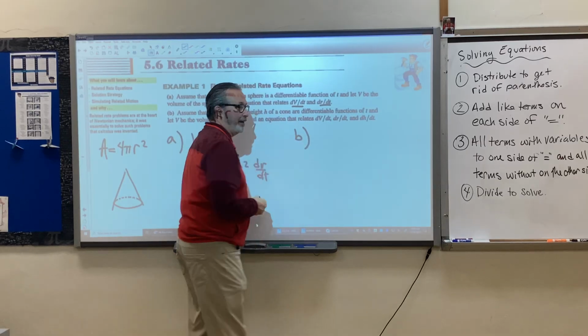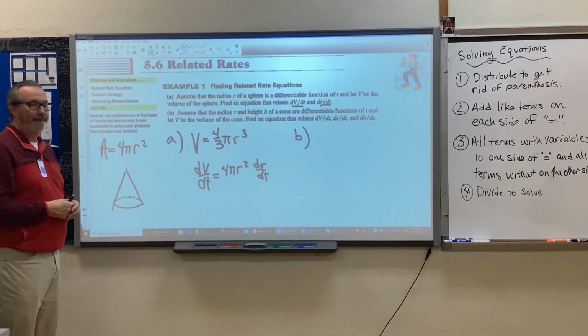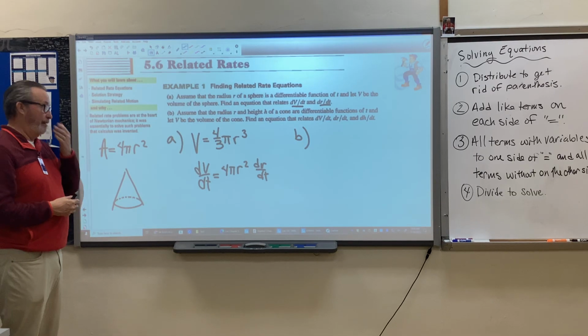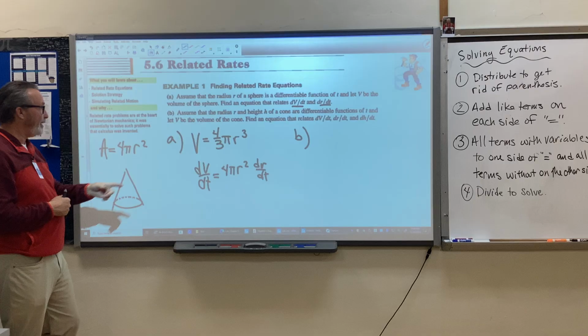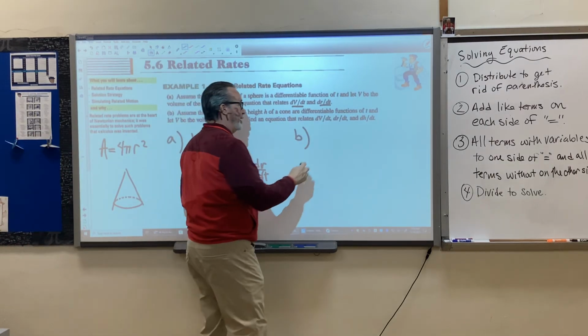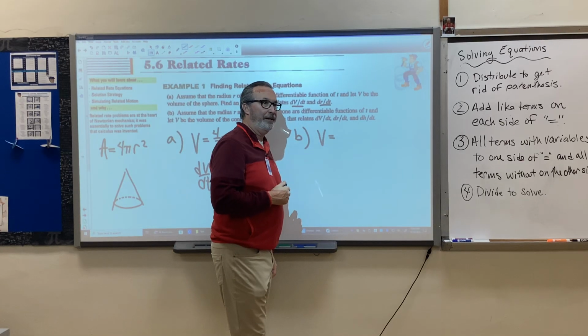Where are we going to start here? What equation do we need here? The volume of a cone. Anybody know what it is? 1/3.